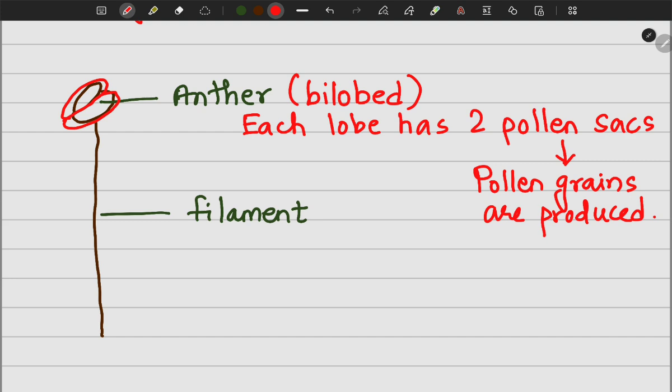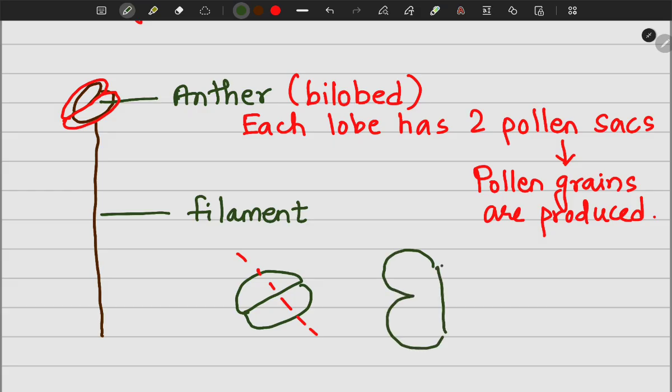So, if we look closely at the bilobed anther, the bilobe looks like this. And if we take a transverse section and look into the microscope, then the bilobe will look something like this. And each lobe will have 2 pollen sacs like this.